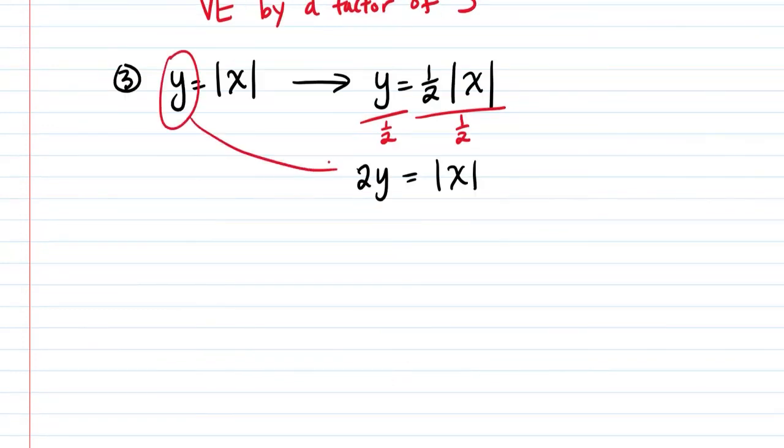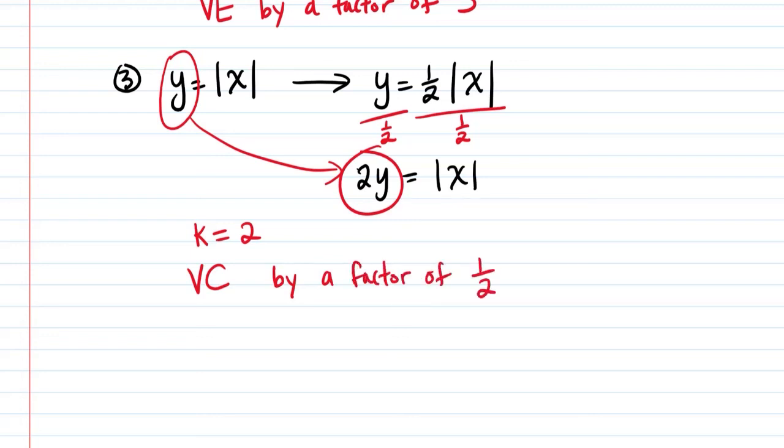So y becomes 2y. So it is for k equals 2. Since the variable y is changed, it's for vertical. And since k is greater than 1, it's for compression by a factor of the reciprocal of the k, 1 over 2.